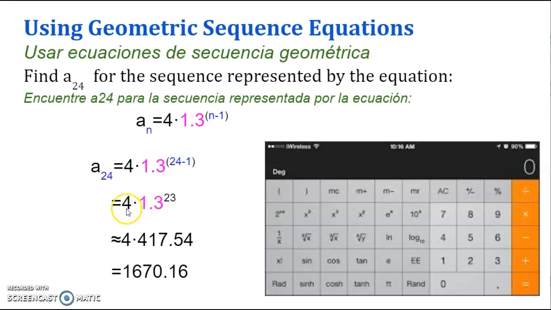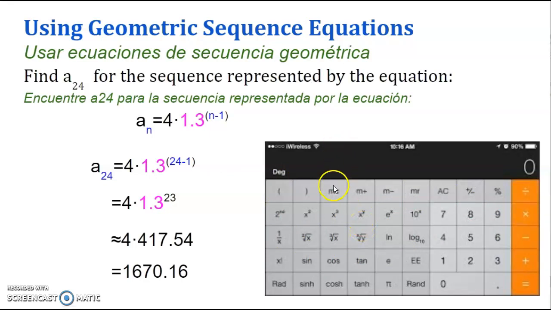Now I'm thinking, between multiplication or exponents, which do I do first? Exponent is higher order of operation. That means we need to calculate 1.3 raised to the power of 23. This is your phone calculator that you can use.